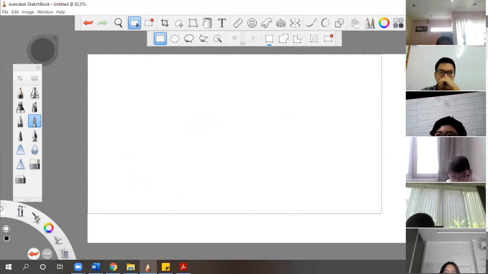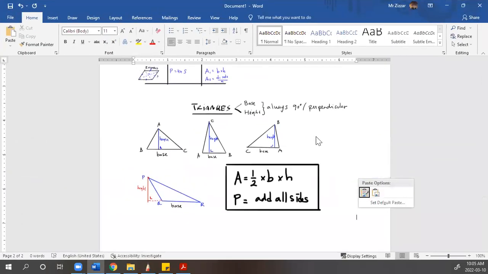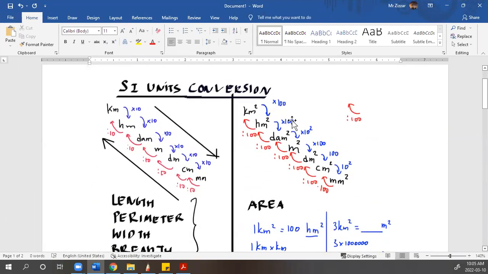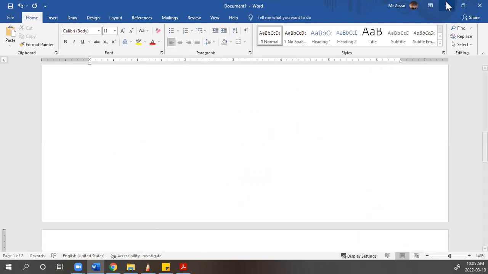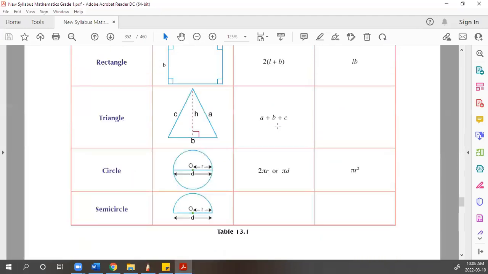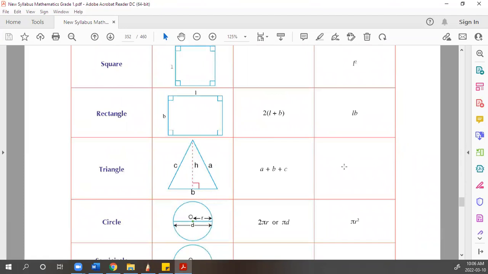Now, let's recap what we did just now. First thing. What about the other later on? Oh, circle. I forgot to put circle. Sorry, guys. So, circle first. Wait, are we learning circle? Yeah, there we go. Circle and semicircle, and A plus B plus C, and half BH, and so on.